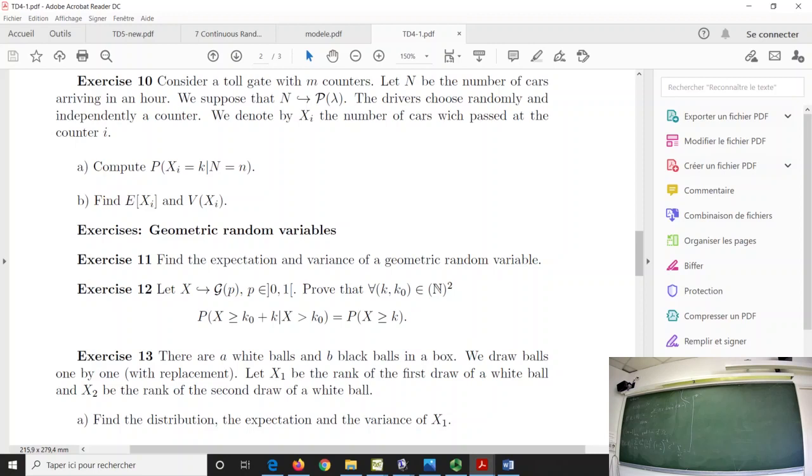So I can remove all the terms that are not depending on n.